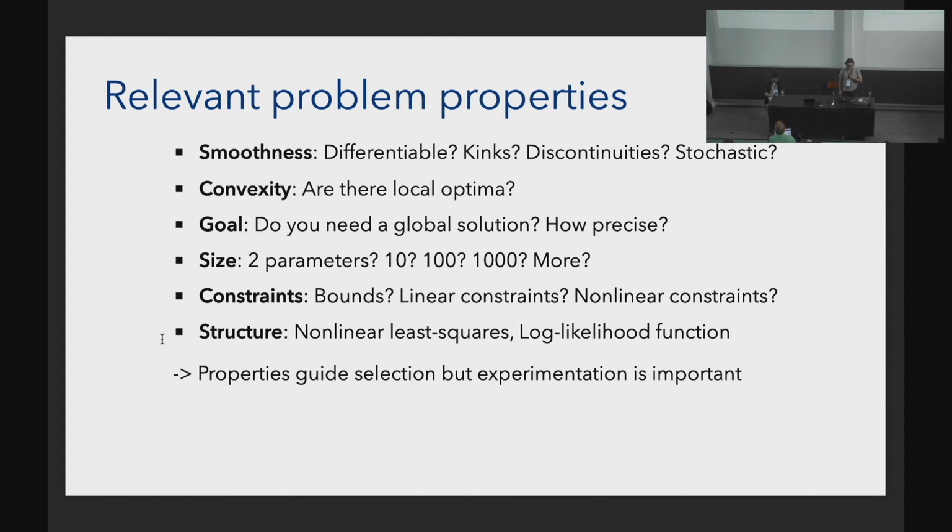And a topic that's often overlooked, and we'll look at this in a bit of detail later, is that you might have some kind of special structure in your problem. For example, many data fitting problems have a nonlinear least square structure. And if you have that and exploit it, you will get a much faster and much more accurate solution typically.